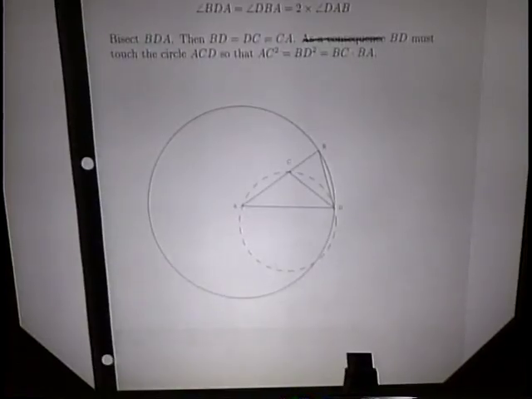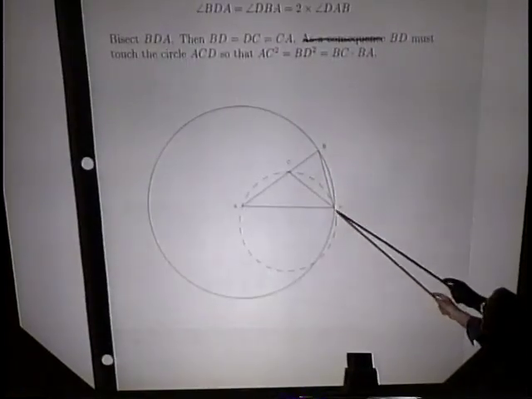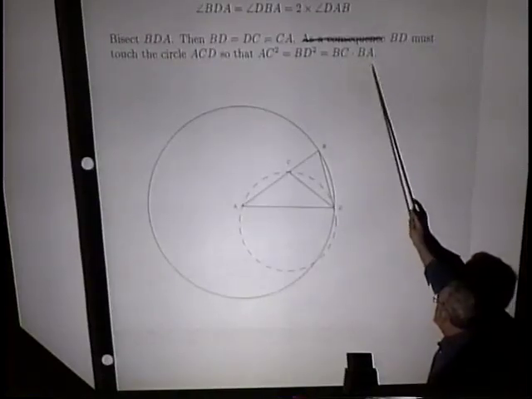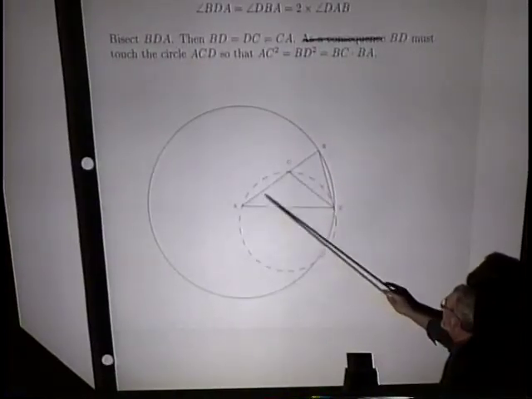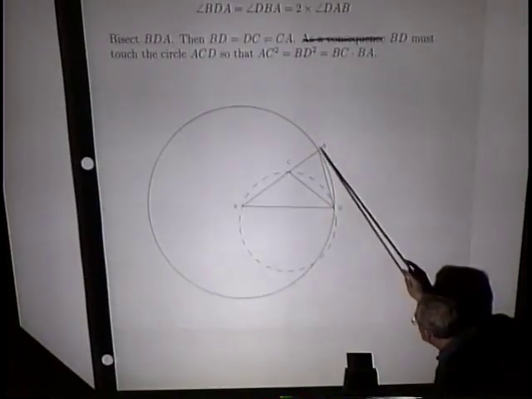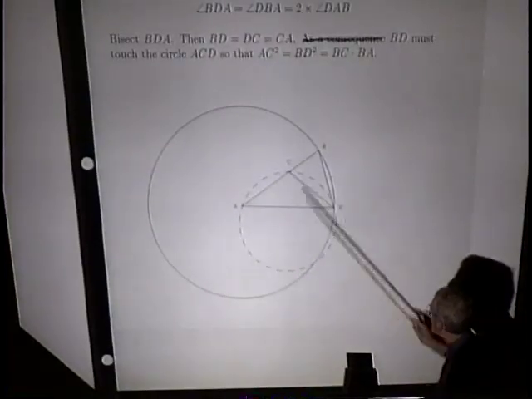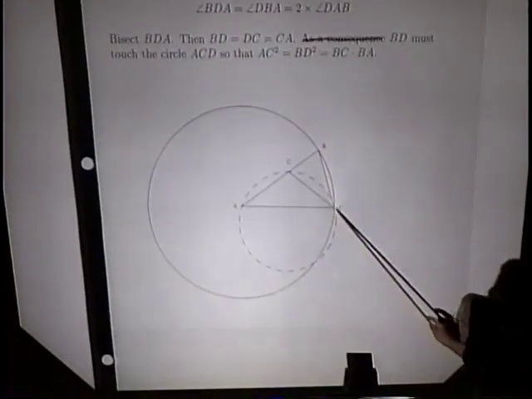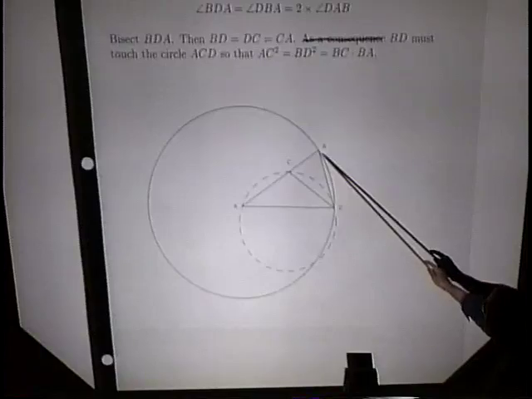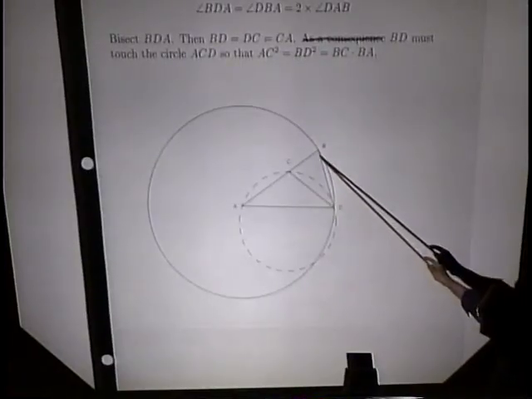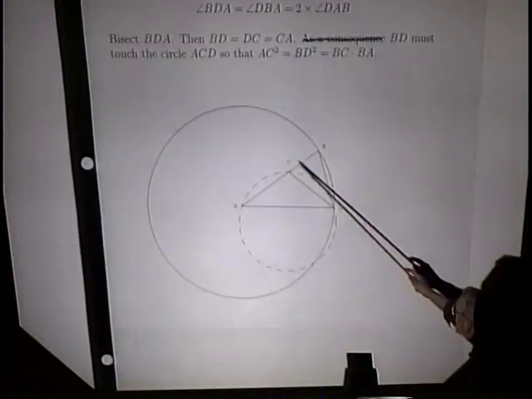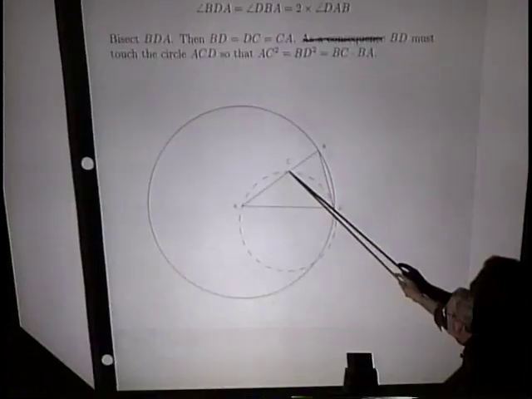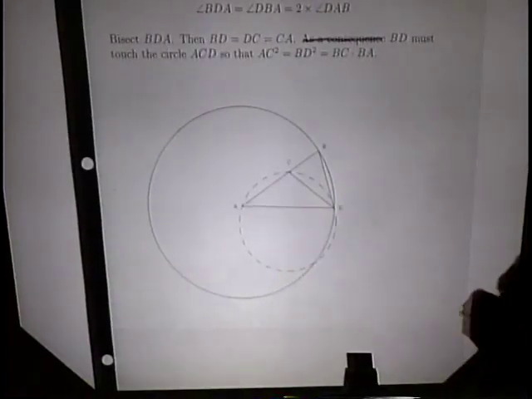So BD touches the circle, and if BD touches the circle, then by that other proposition, the square on BD is equal to the rectangle on BC and AC, because that's the same. We have this line cuts the circle, a second line through B that's tangent to the circle, and we have the proposition which says that this square on this side is equal to the rectangle on this and that together.